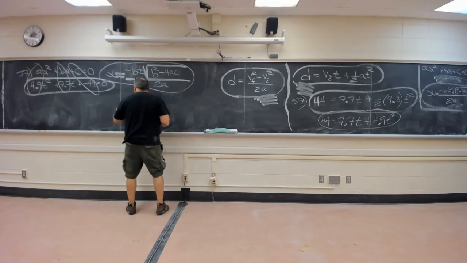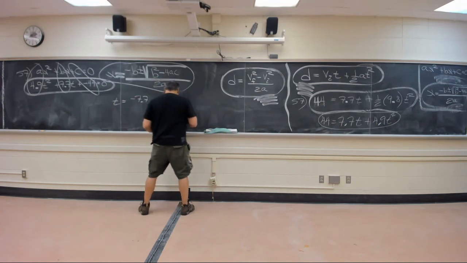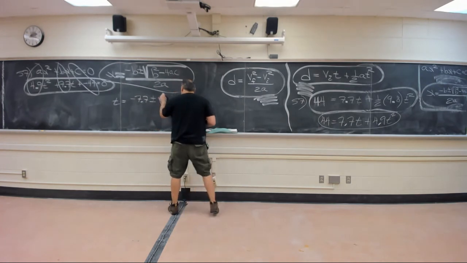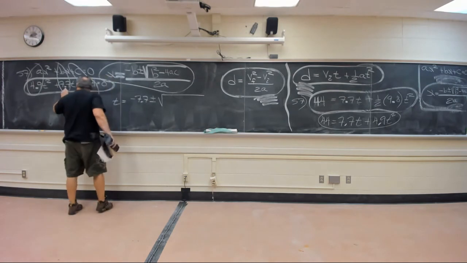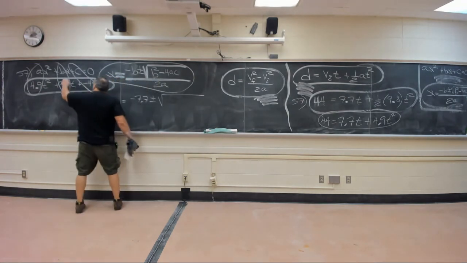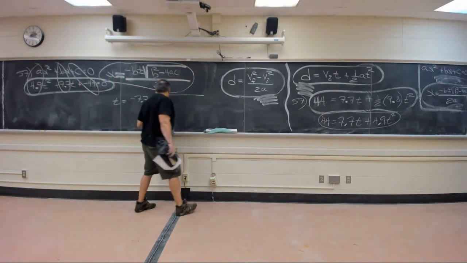T equals negative 7.7. Here it is. B is 7.7, A is 4.9, and C is negative 44.